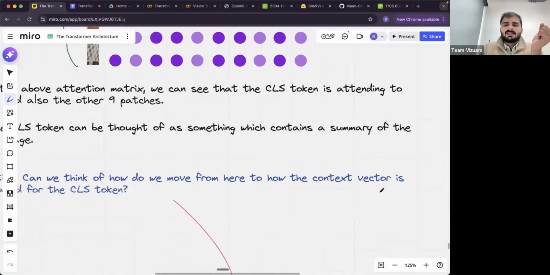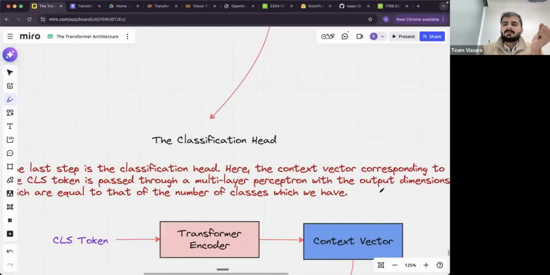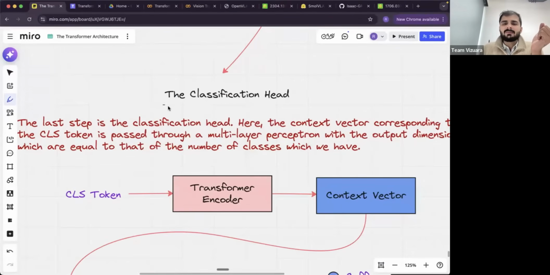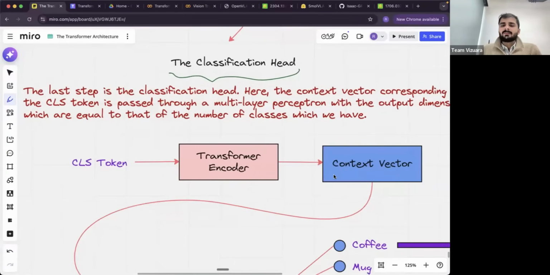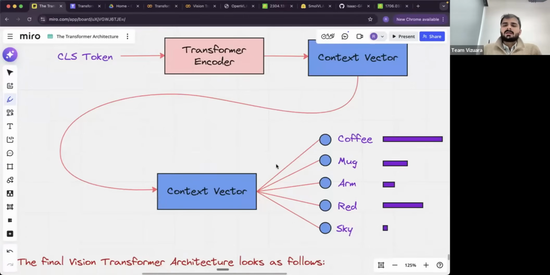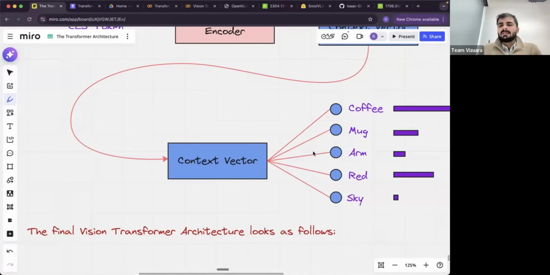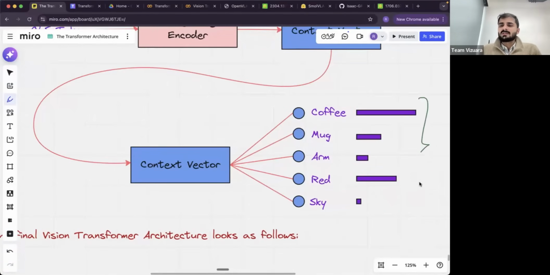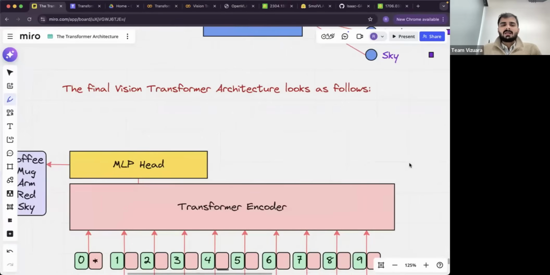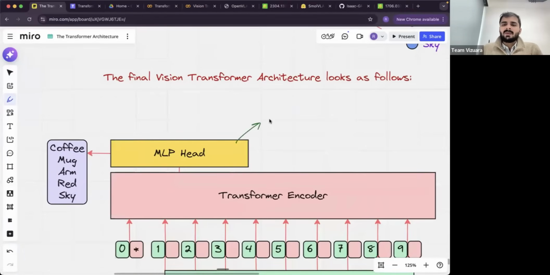It's very simple. We add a simple classification head on top of it. The CLS token goes through the transformer encoder, we get the context vector, and then the context vector is projected into the number of classes, let's say 5 classes, and we get the final scores for these. This is called an MLP head. This is also called a classification layer.